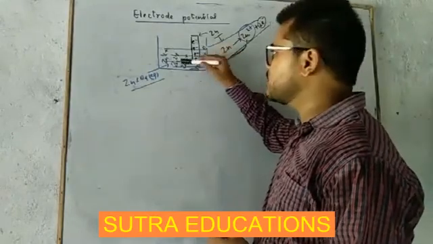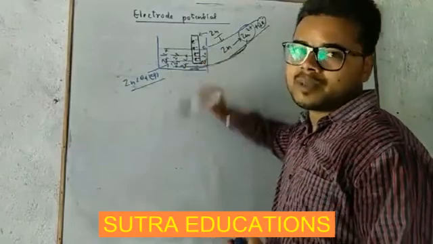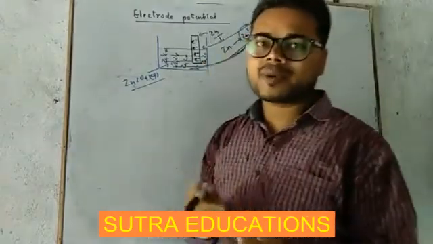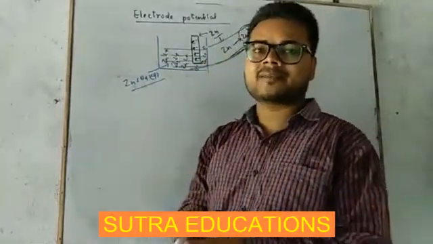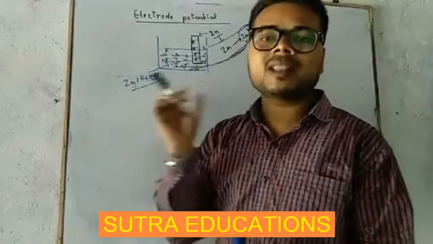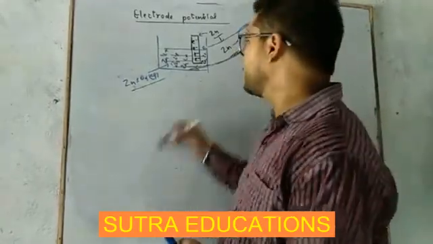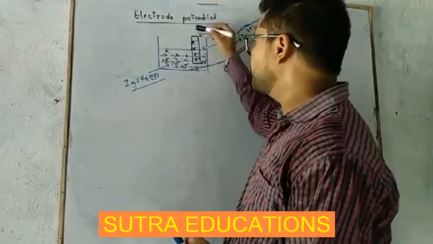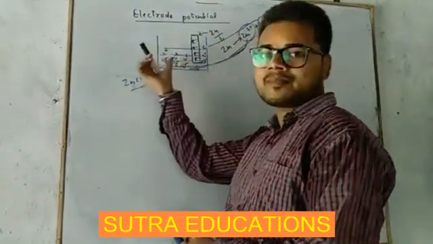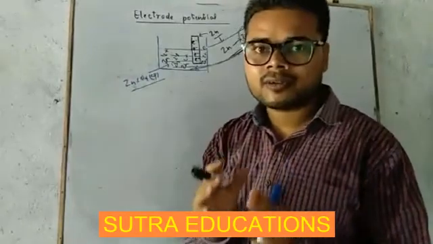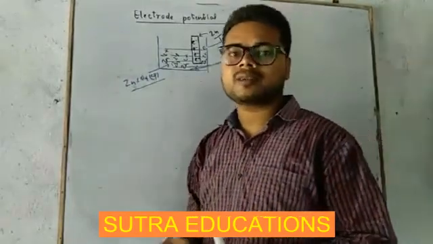Electrons are negative and Zn2+ are positive. So what will happen? A potential difference will be set up between the metallic rod and the ions present in the electrolytic solution. Getting this or not?